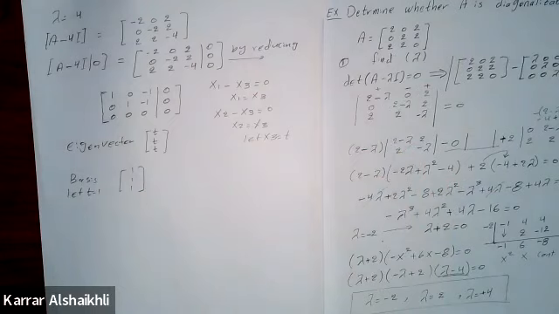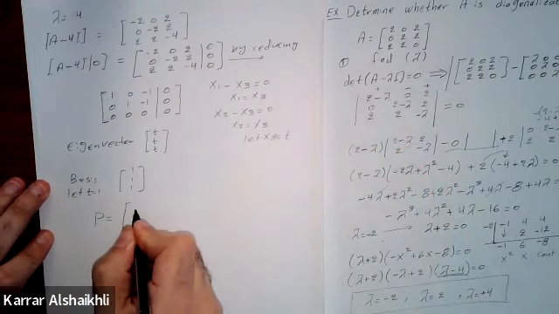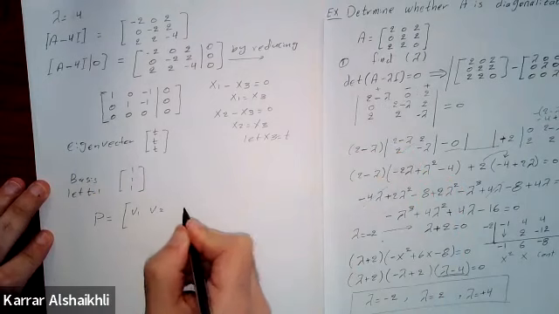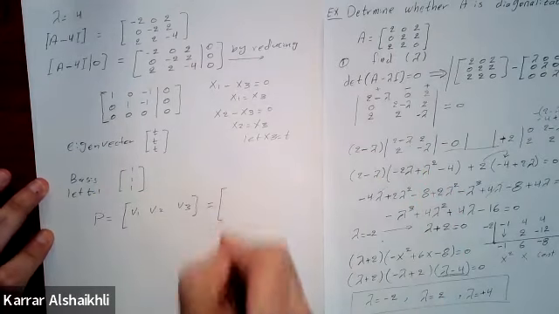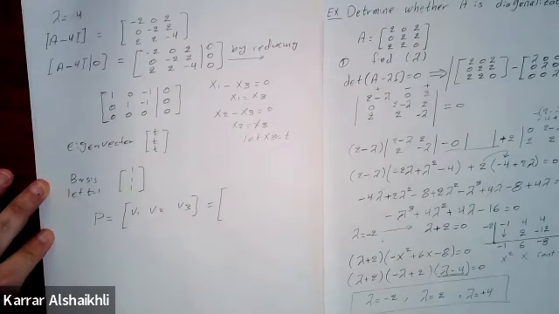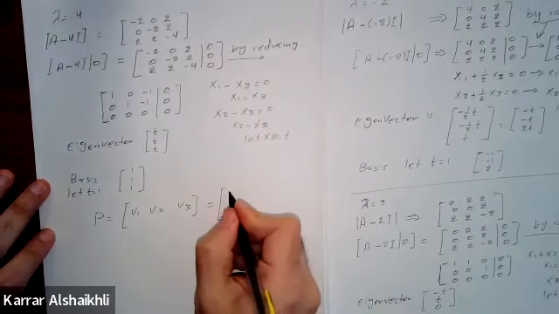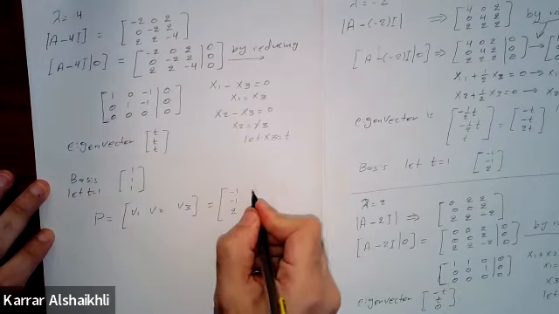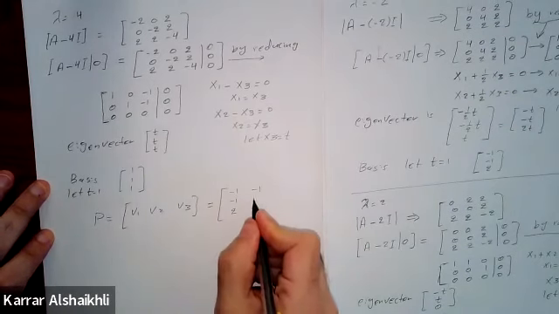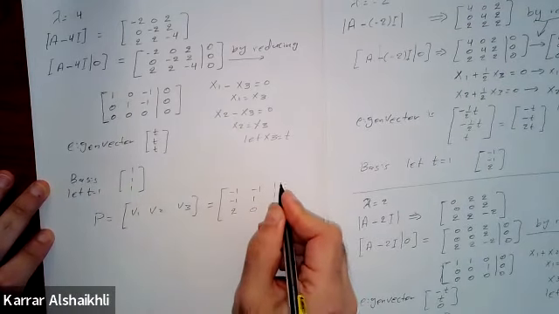So you see all these steps until now, we have proved that A is a diagonal matrix. So now P is the eigenvector 1, the eigenvector 2, and the eigenvector 3. The first eigenvector we found is -1, -1, 2. The second one is -1, 1, 0. And the third one is 1, 1, 1.